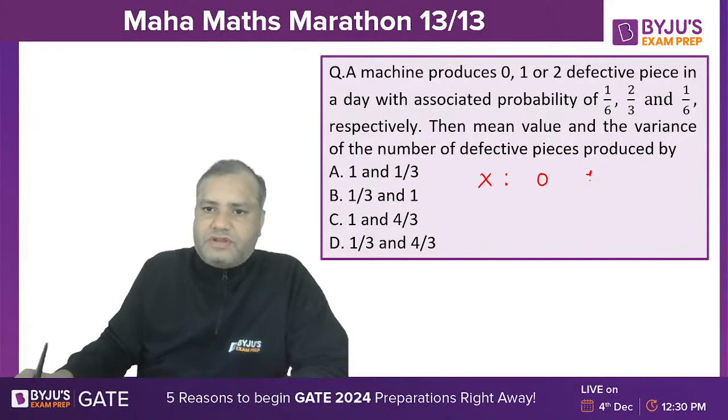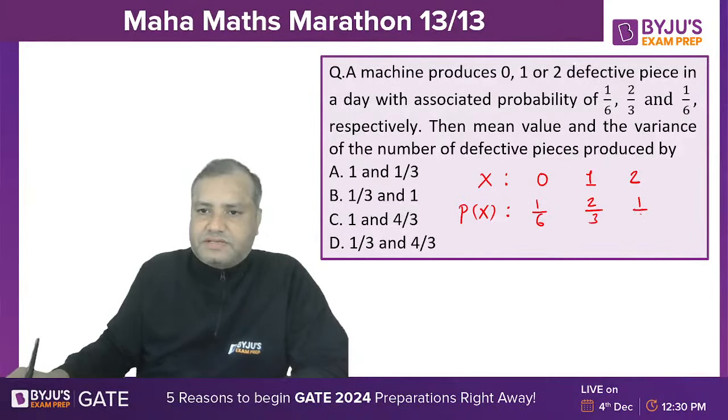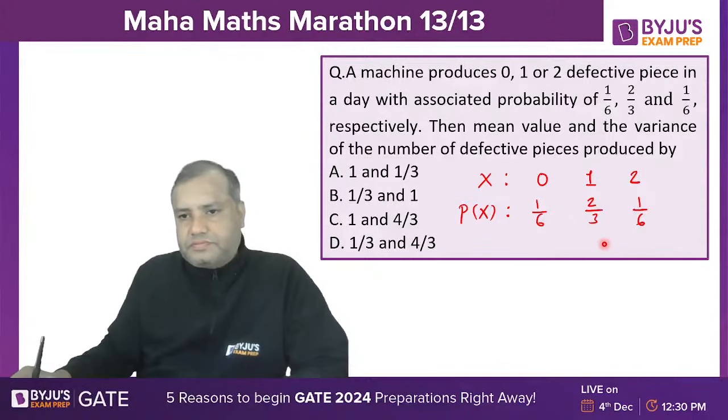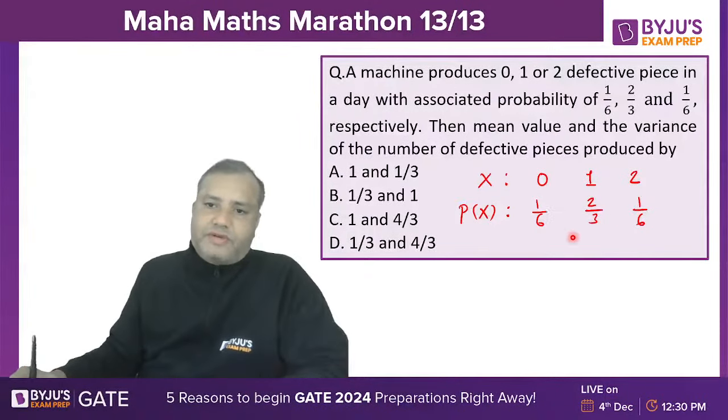So values of x will be 0, 1 or 2 and corresponding probabilities p of x will be 1 by 6, 2 by 3 and 1 by 6. Check: 1 by 6 plus 1 by 6 is 2 by 6, that is 1 by 3, and 1 by 3 plus 2 by 3 is 1, correct.